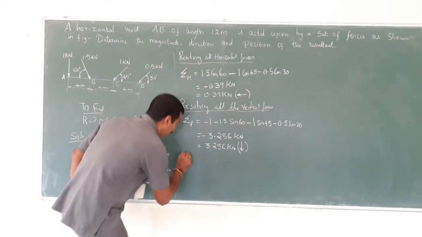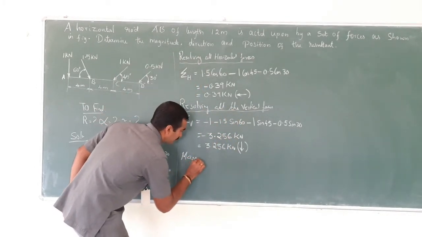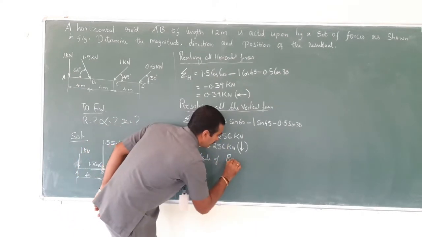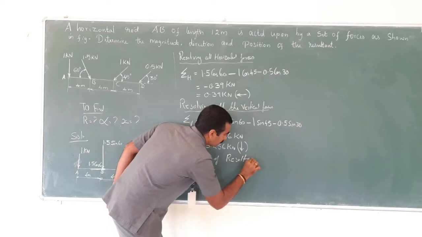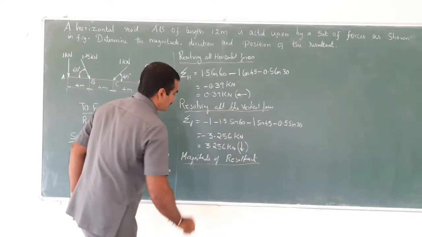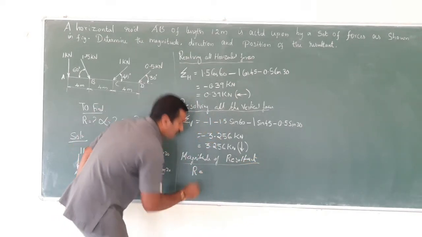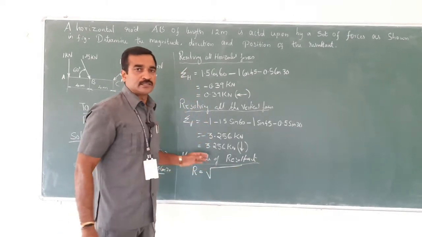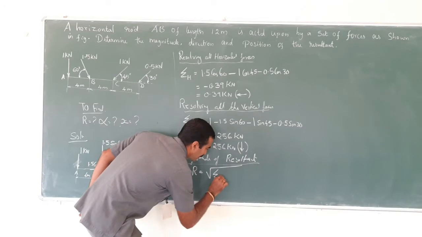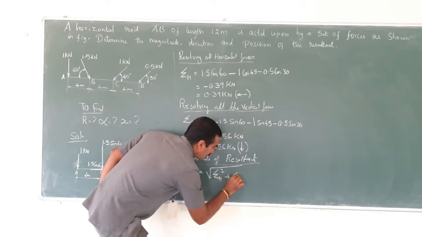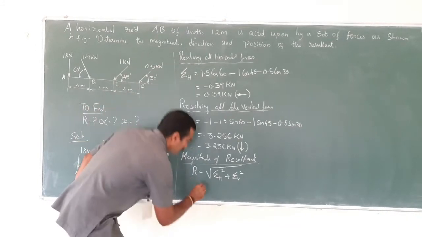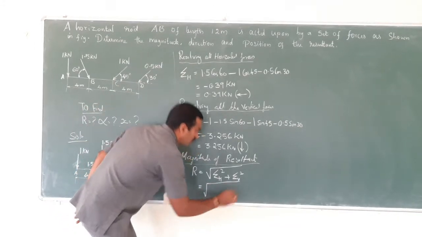Next, the magnitude of resultant, which is nothing but R. R is equal to root of, the formula for the magnitude of resultant is root of summation H square plus summation V square. Got it? So let me just feed all these values.